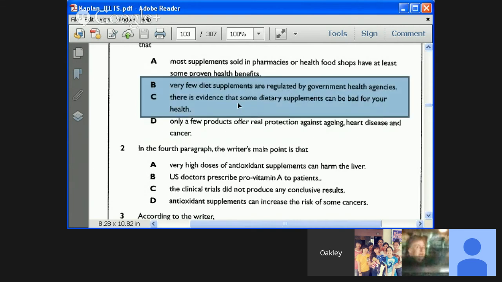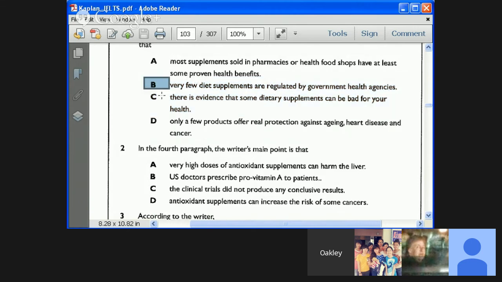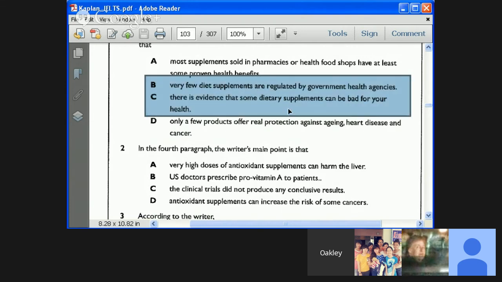Jang? Yes. Out of B and C, what keyword do you think is going to be easiest to find? Both B and C. Yeah, it doesn't matter which one we find, because this type of question demands that we look at all the A, B, C, and D answers until we find the right answer.